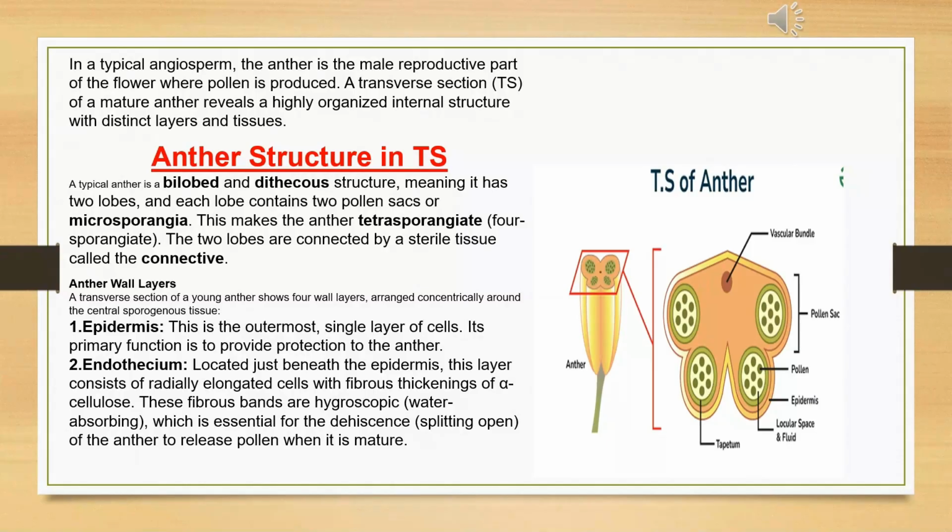These fibrous bands are hygroscopic. Hygroscopic means water absorbing, which is essential for the dehiscence, or splitting open, of the anther to release pollen when it is mature.